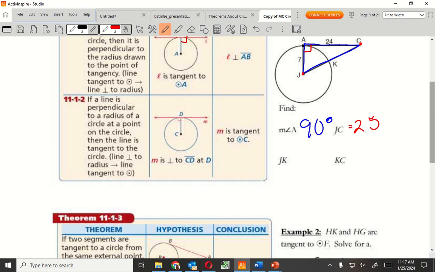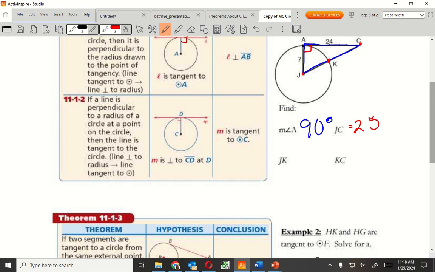See? What about JK? And KC? Now, how much is the radius? 7. It's from the center of the circle to the edge.